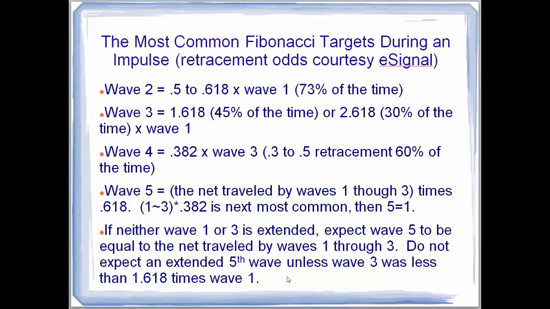If neither wave 1 or 3 is extended, expect wave 5 to be equal to the net traveled by waves 1 through 3. Do not expect an extended fifth wave unless wave 3 was less than 1.618 times the length that wave 1 was.